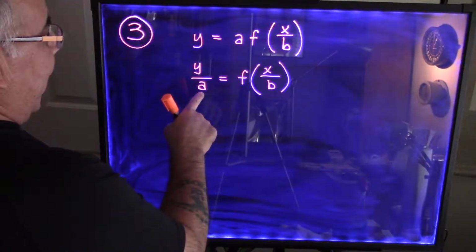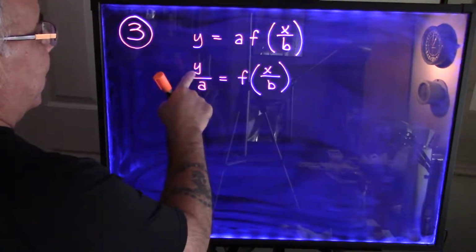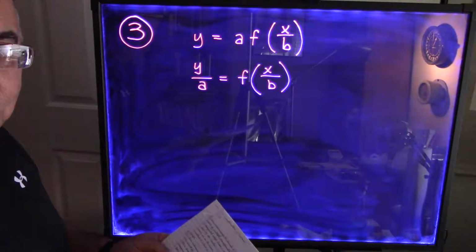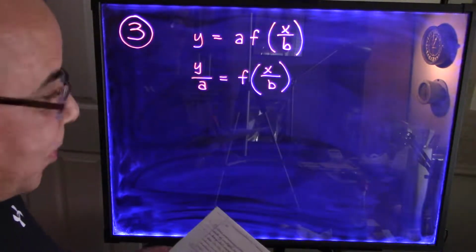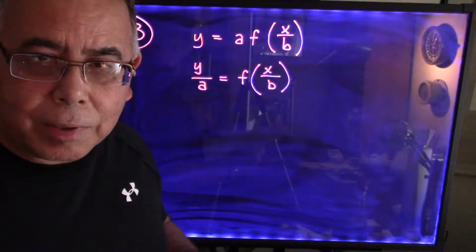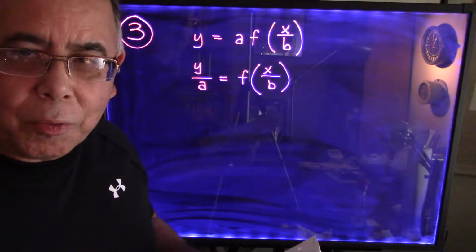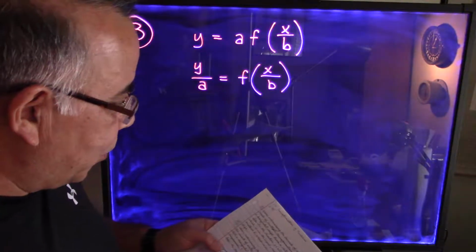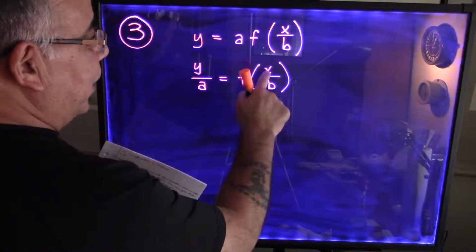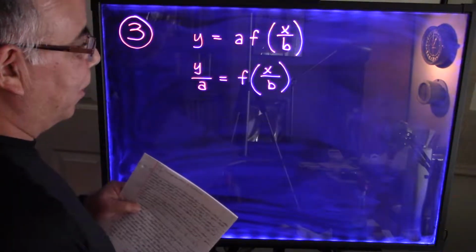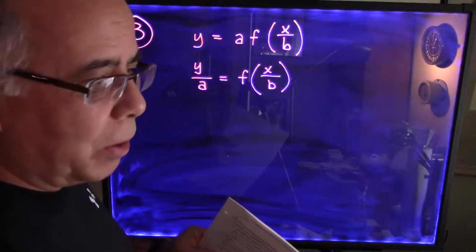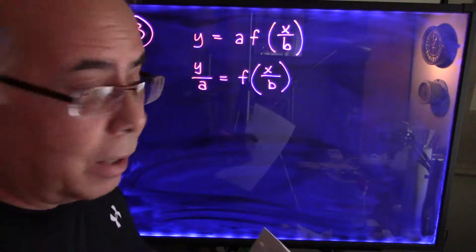So this constant a under the y tells you the amount of vertical stretching or shrinking going on. Think of it as being under the y, and think of the y-axis as a vertical axis. Similar thing occurs with the b under the x in the input of the function. The b will tell you the amount of horizontal stretching or shrinking going on.